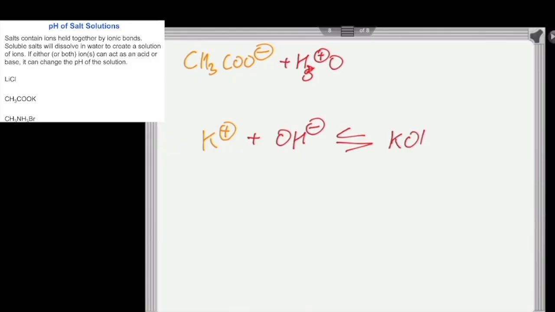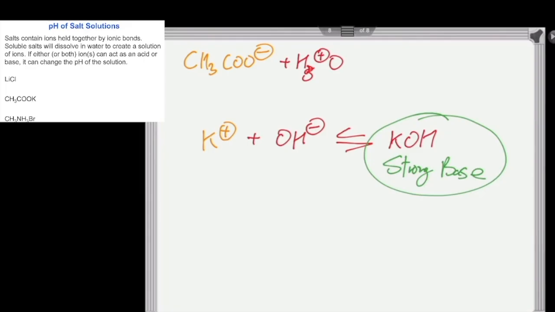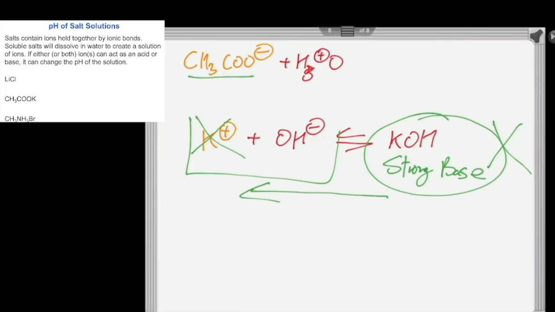This is our KOH. This is a strong base. And because I would have to form a strong base if I were to add these species, the equilibrium lies in favor of the starting material. This is not going to do anything. So potassium is innocent. It's not going to change anything. This guy is non-innocent. You guys should remember this point too.